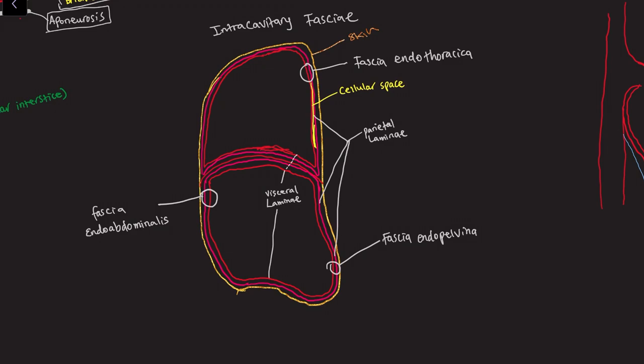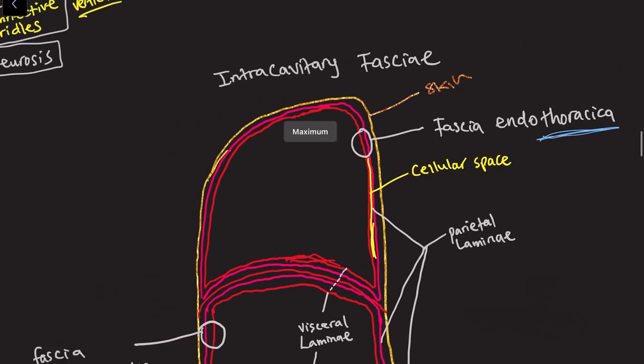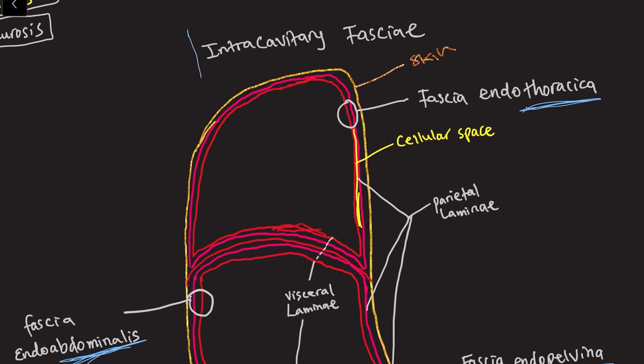Now, when you get to the proper fascia, in some parts, for example in the thoracic cavity, the pelvic cavity, as well as the abdominal cavity, the proper fascia forms what we call the intercavitary fascia.